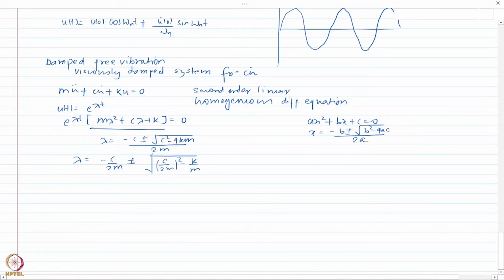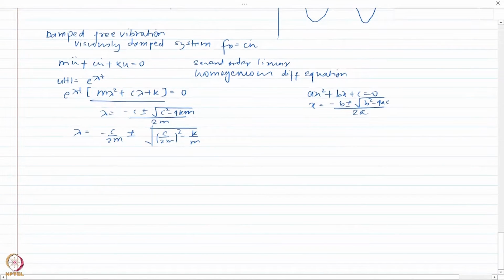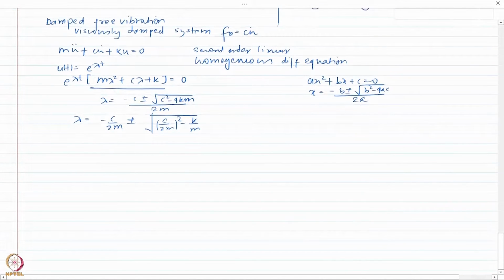Now if you notice carefully, I have a term inside the root here. This term could be positive or negative, and that will determine what kind of resulting motion the system would have.